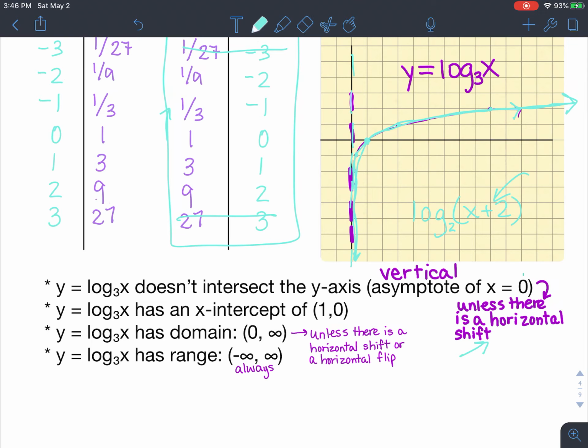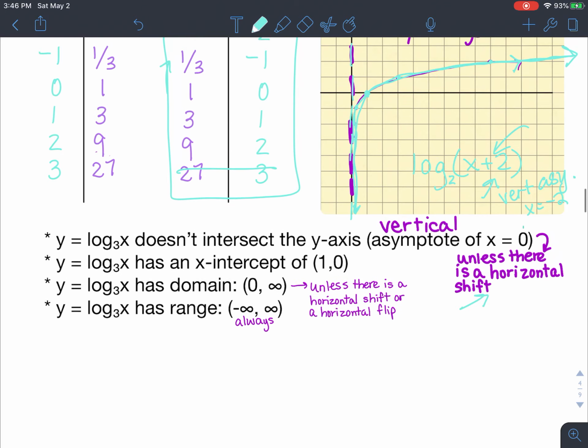So for this one, for instance, this one I wrote over here, the vertical asymptote would be x equals -2, and then the domain would be -2 to infinity. If it was flipped, it would just be -infinity to that number. Okay, so let's practice some.